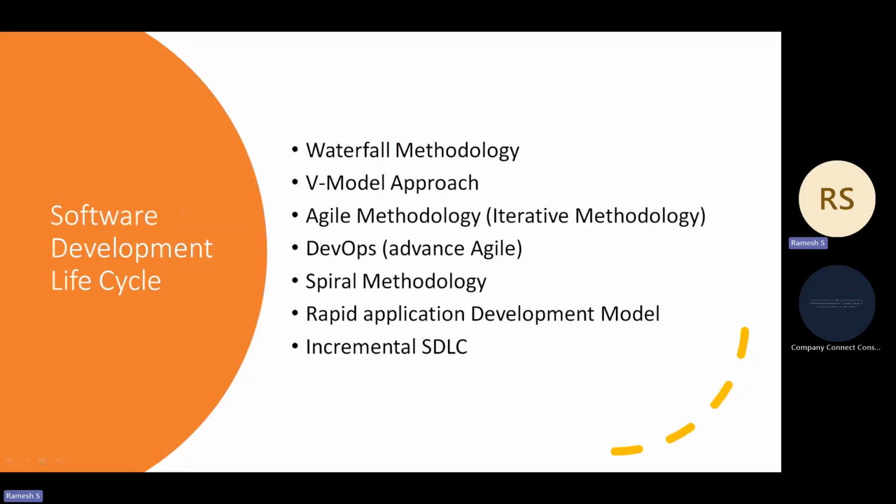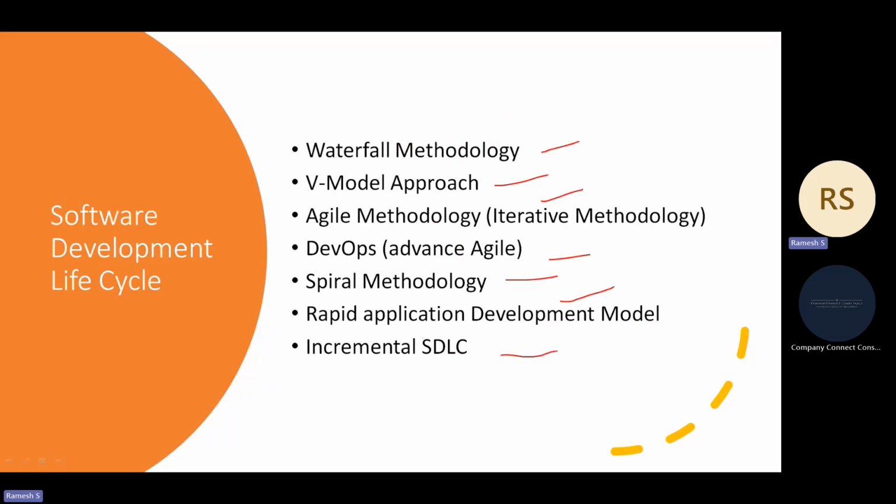Then we will learn about different SDLC models, software development lifecycle models. Developers will use any of these SDLC models like waterfall model, V model, agile model, DevOps models, spiral methodology, rapid application development model, and incremental SDLC model.